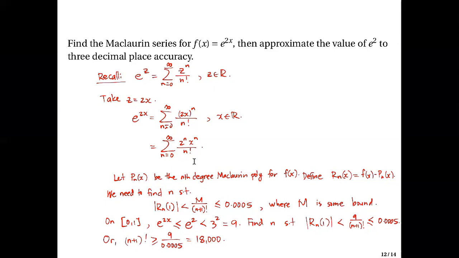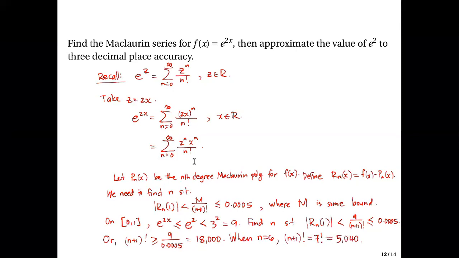If we choose, say, n equals 6, then n plus 1 factorial is 7 factorial, which is equal to 5,040.